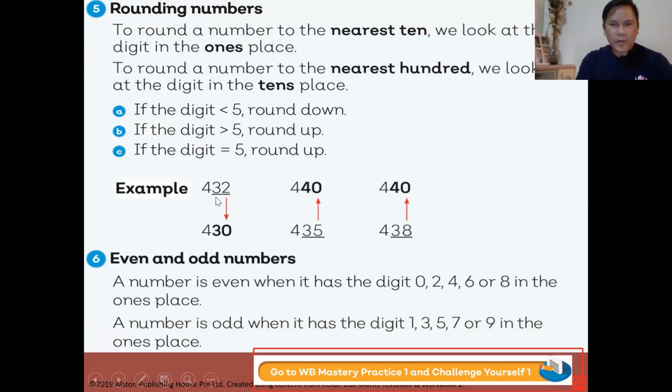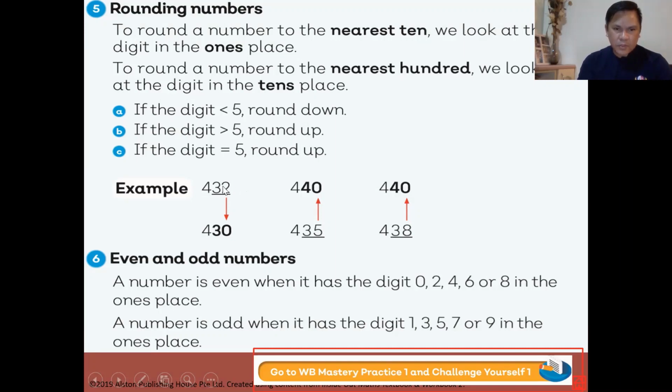If we round the number 432 to the nearest 10, we look at the ones digit. The tens digit here is 3, and next is 2.